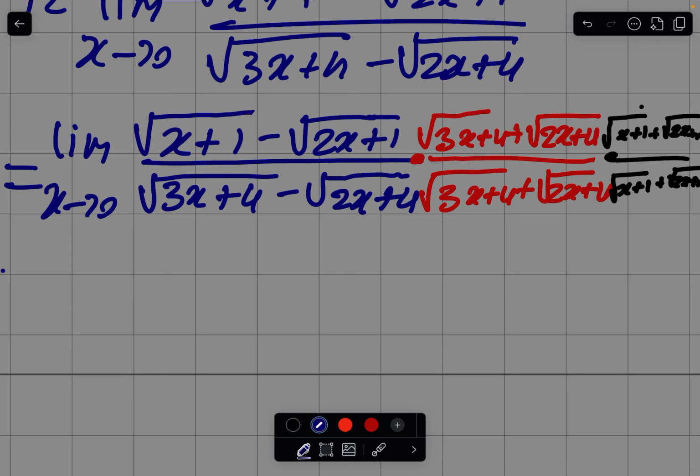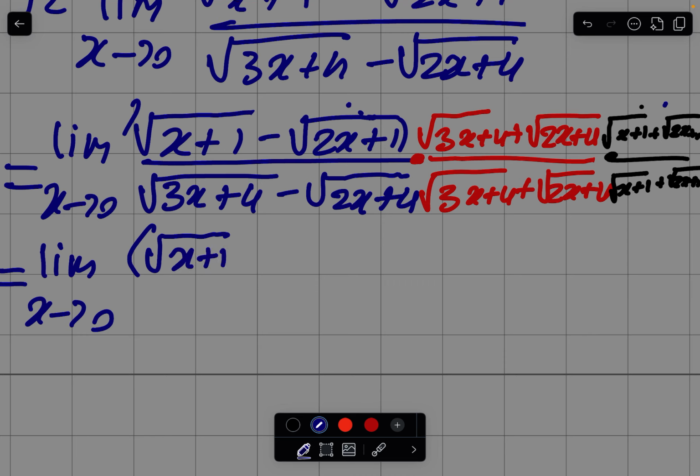So now you're going to multiply. First things first, start by this part. Take this part and multiply it with the part that you rationalized. Meaning you're going to have square root of x plus 1 minus square root of 2x plus 1.